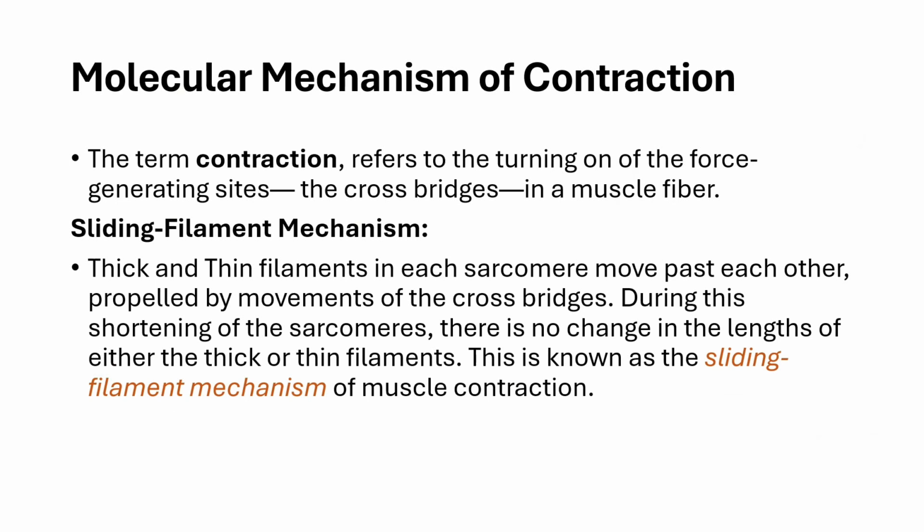The thick filaments, which are myosin, and thin filaments, actin, slide past each other within each sarcomere. This movement is propelled by the repetitive binding and pulling action of the cross bridges. Importantly, the lengths of the filaments themselves do not change. Instead, the sarcomere shortens. It brings the Z lines closer together.